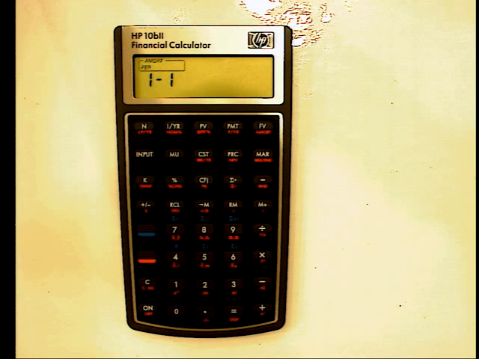So if you press second function shift amort, then it tells you that you are now in your amortization table function. And the first thing it tells you is PER, so it's looking at which period you are looking at the information. And it tells you the beginning of the period and the end of the period. So you are looking from the beginning of year 1 to the end of year 1. Okay? So that's our period. Press the equal sign, and you move on.